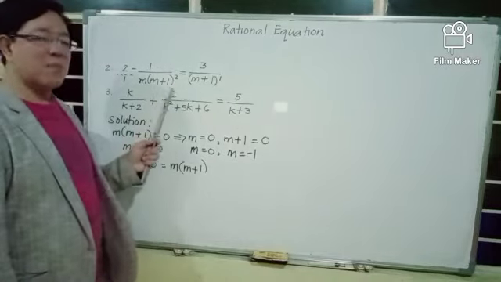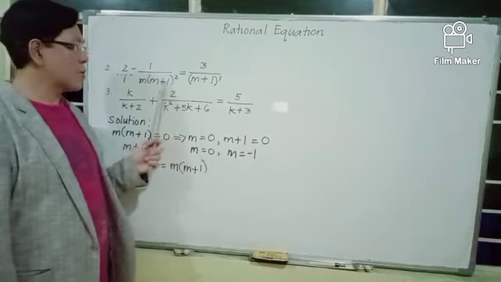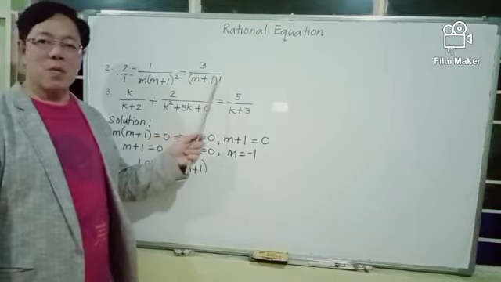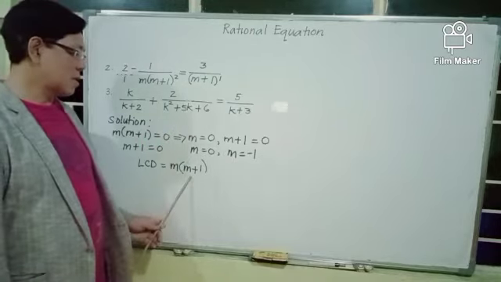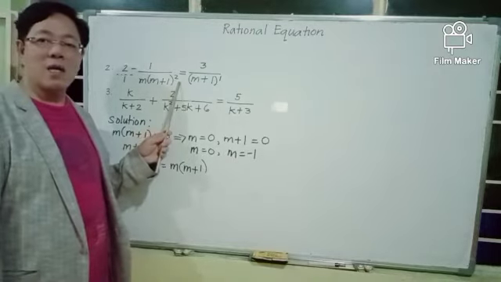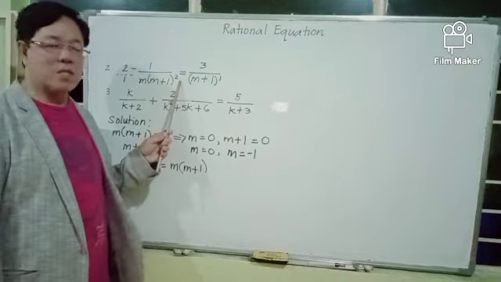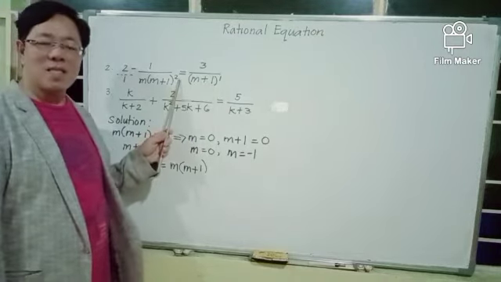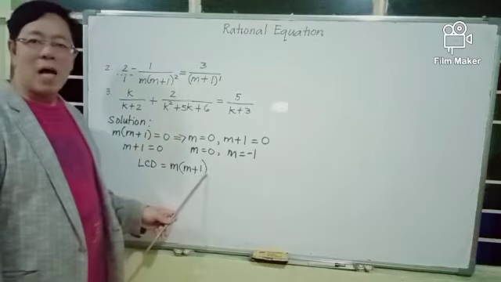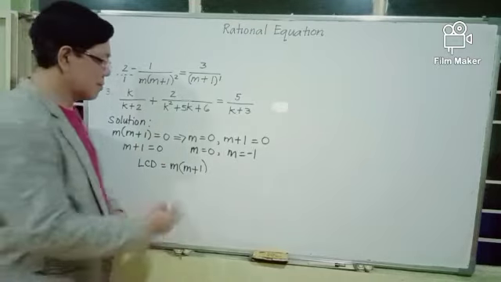Now, m plus 1 appears more than once in the denominators with different exponents, 1 and 2. You take m plus 1 for the LCD, but you take the higher exponent. Between 1 and 2, the higher exponent is 2. So you write here m plus 1 squared.